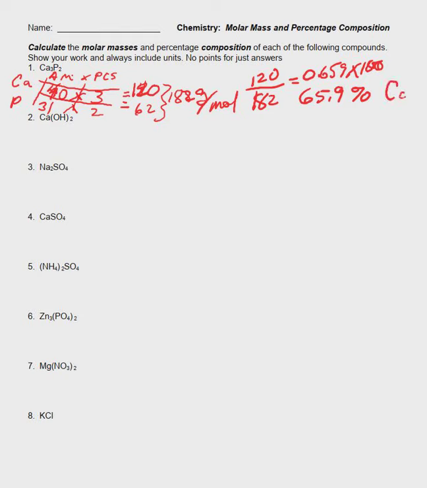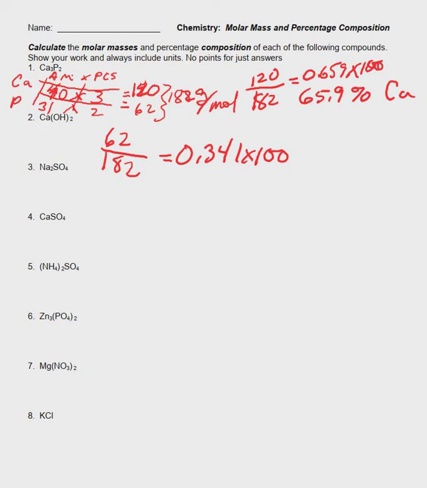That is calcium. And then we can look at our phosphorus, and we can do 62 divided by 182, which equals 0.341. So times 100, because we want percent, we're not just looking at the decimal.